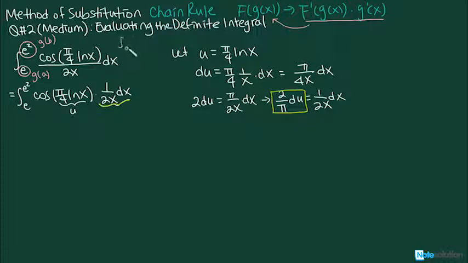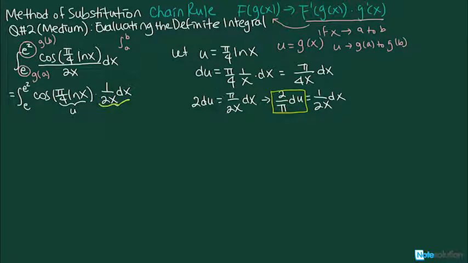Normally the integral goes from a to b, and these e and e to the power of 2 can be considered as a and b. But when we are doing substitution, these are x's, but now we are letting u be g of x. So if x goes from a to b, then u will go from g at a to g at b. So we need to make that substitution.